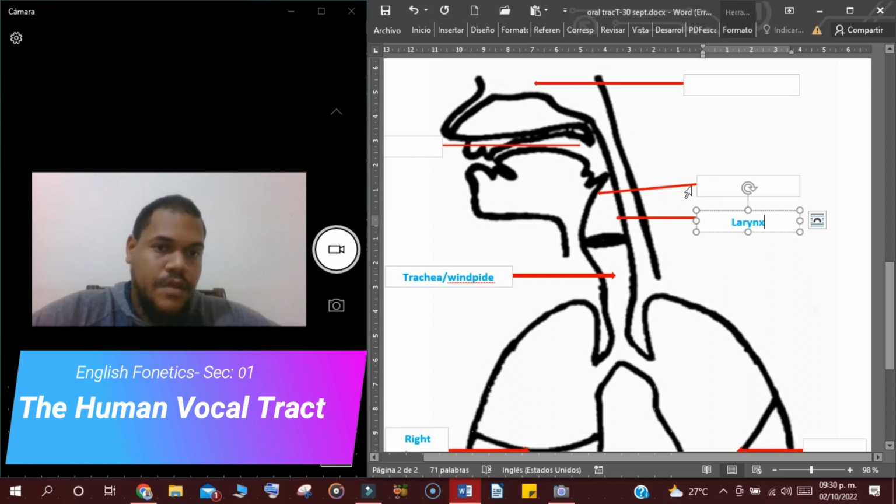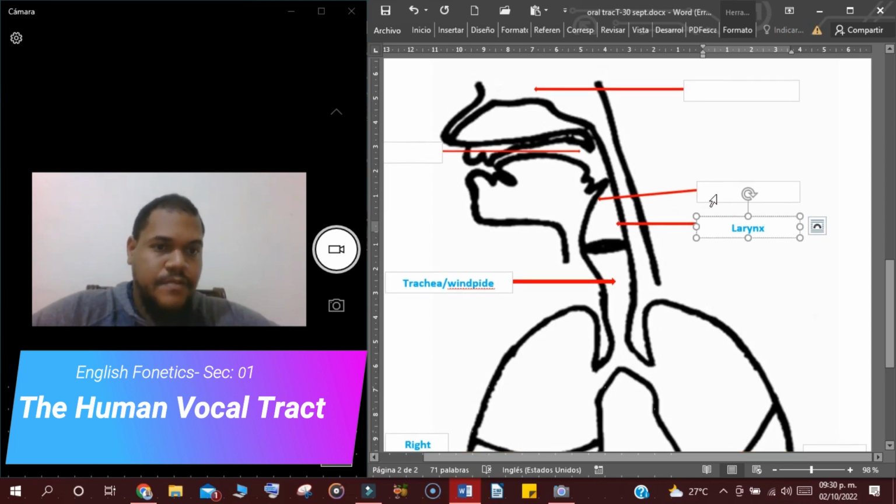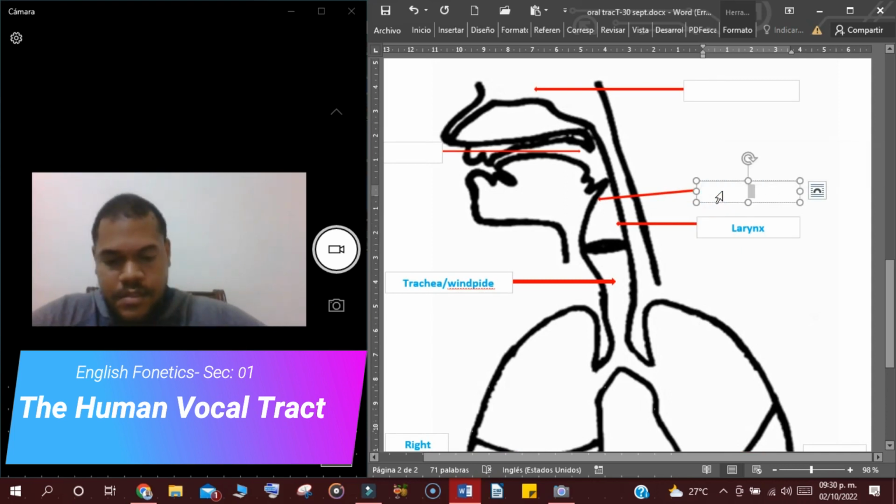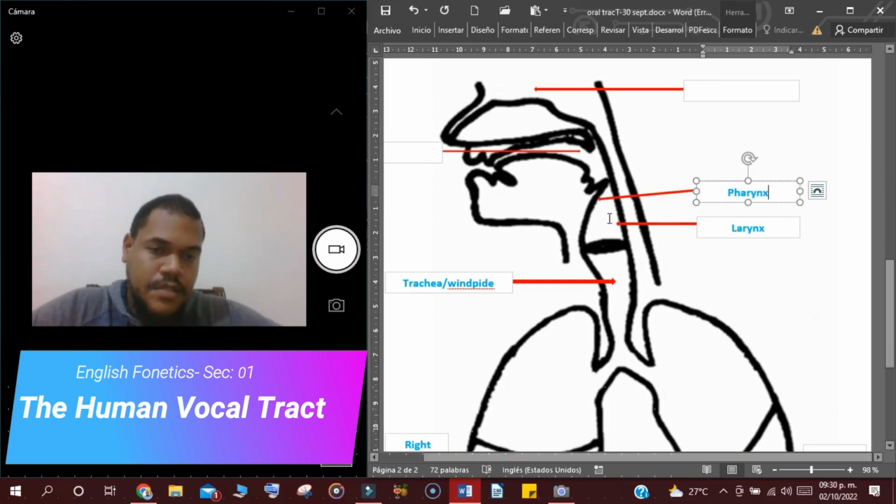Then it goes to the pharynx. The pharynx is an organ right here that connects the nasal and the oral cavity to the esophagus and the larynx. That's the pharynx. Also, some sounds are articulated here in the pharynx.